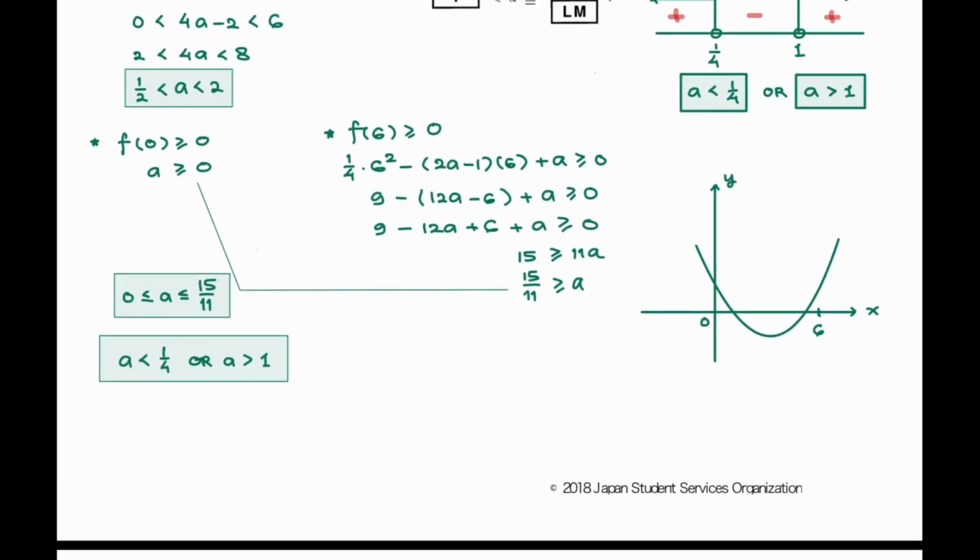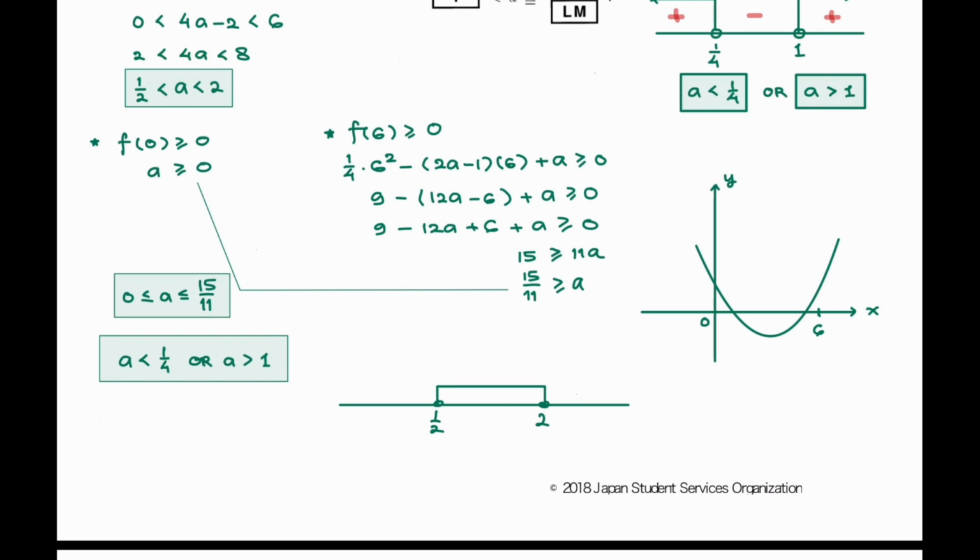If I want to find the intersection, I can use a new number line and then just draw the inequalities one by one. First of all, half less than a less than 2, I will assume this is half, and then this is 2, so this is our first condition.